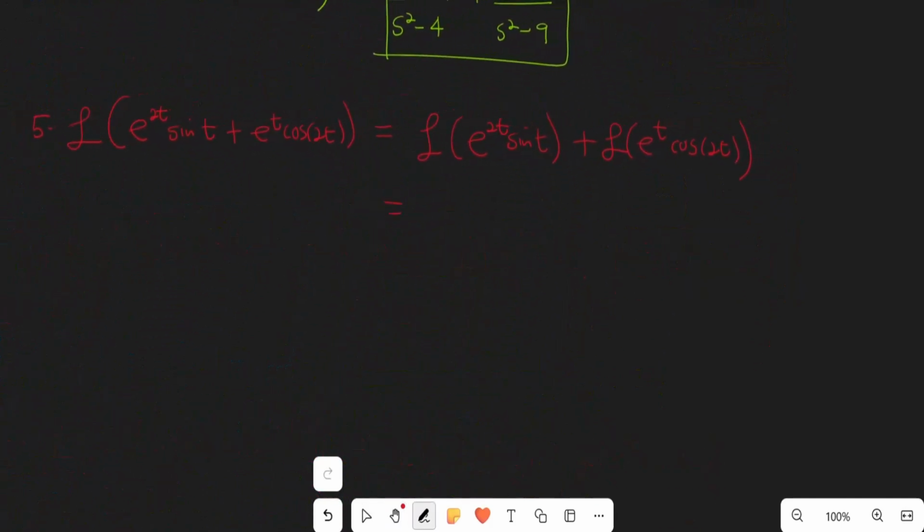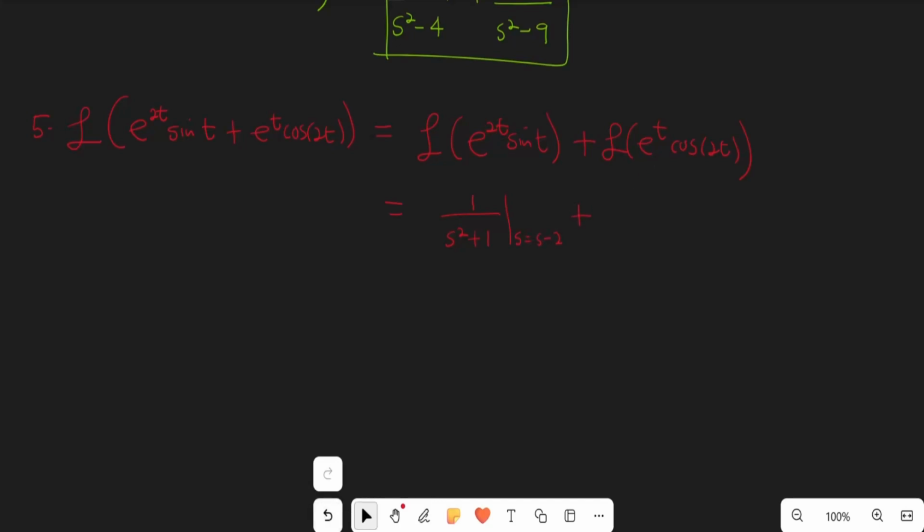So we are going to find the Laplace transform of sine of t. And sine of t is going to be 1, that is sine of 1t, 1 all over s squared plus 1 squared, which is 1. Right, and we are going to evaluate this one by shifting the s variable by 2. So s here is going to be replaced with s minus b, and b here is 2, right?